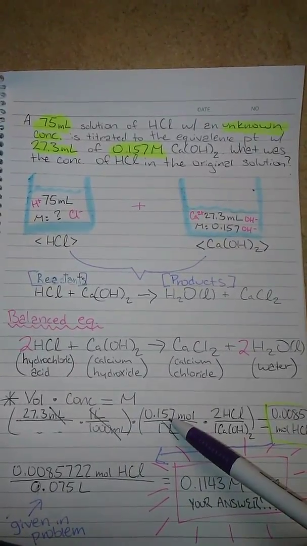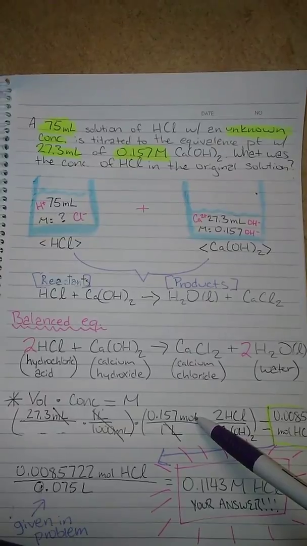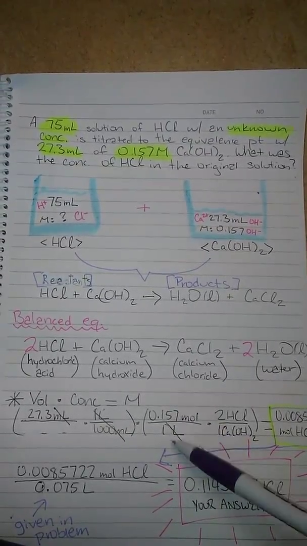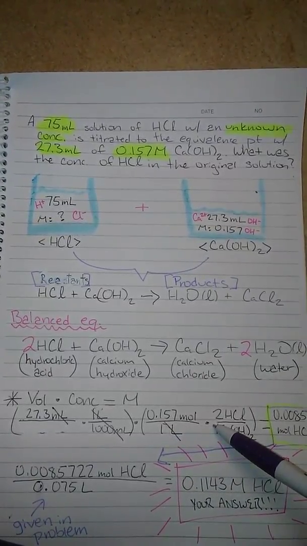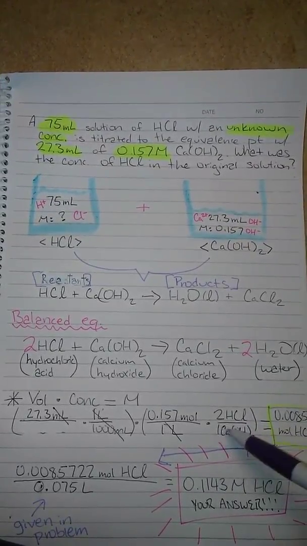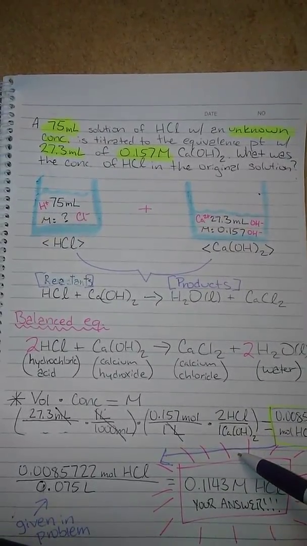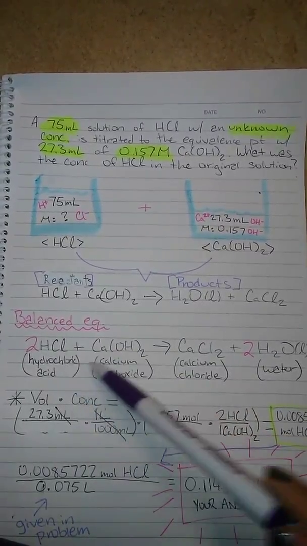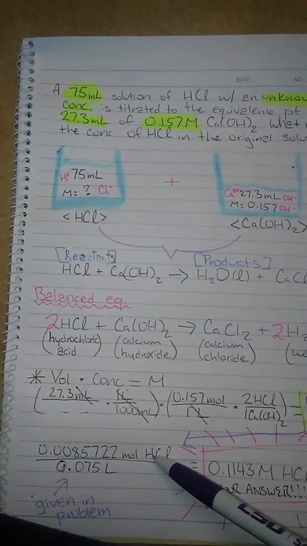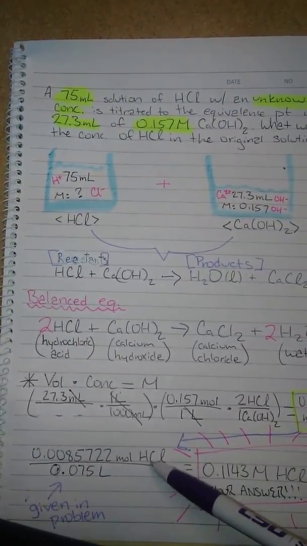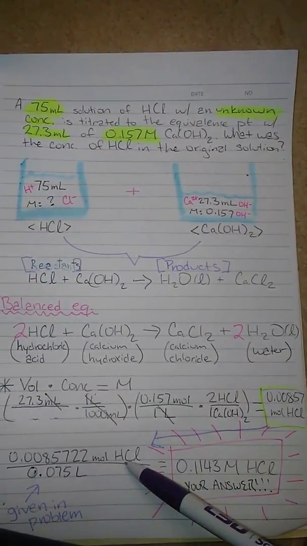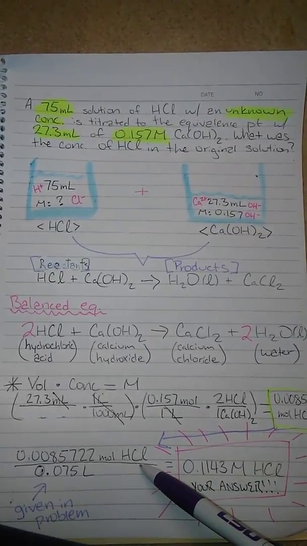Multiply that times your 0.157 moles per liter, which is your ratio, times the ratio from the actual equation, 2 hydrochloric acids over 1 calcium hydroxide, from just the reactant side of the equation. This will give you a very specific number of how many moles of hydrochloric acid you have. So that is how you find just the moles of hydrochloric acid.